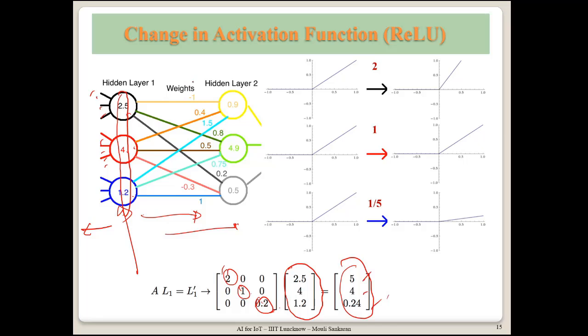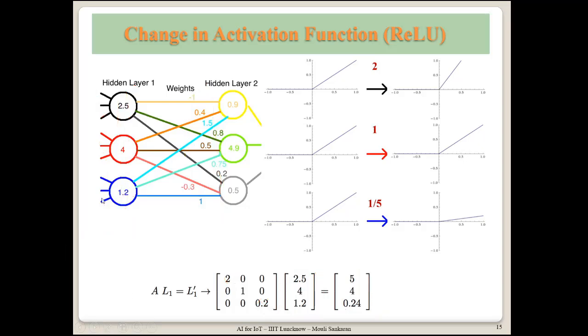Now what happens if I don't want this change to be transferred here? I can do it by changing the weights, or I can do it the other way. Without changing the weights, can I perform something on these outputs coming out to suppress the changes that have happened here?